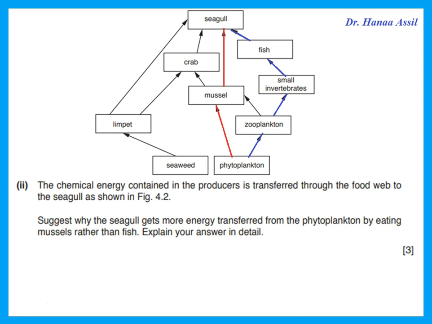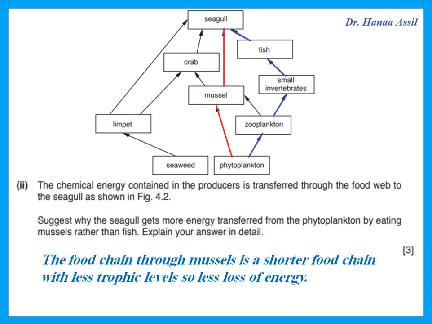You should realize that the one through the mussel is a shorter food chain. This means fewer trophic levels, less loss of energy. Remember, as we go from one organism to the next, there is loss in energy. So if we go through several organisms, we lose a lot of energy, much more than in a shorter food chain.